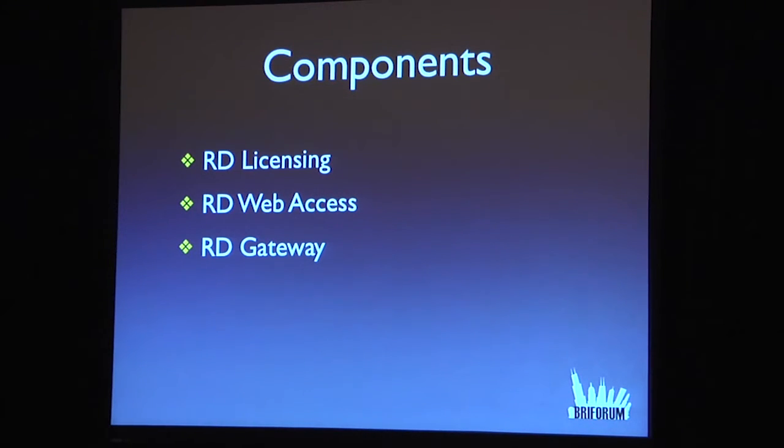Because before, when Microsoft first released the web access, a long time ago on Windows 2000, people thought, oh, I just set up this web page and they click and everything works. And they started doing that and they would click and it would never connect. Why?